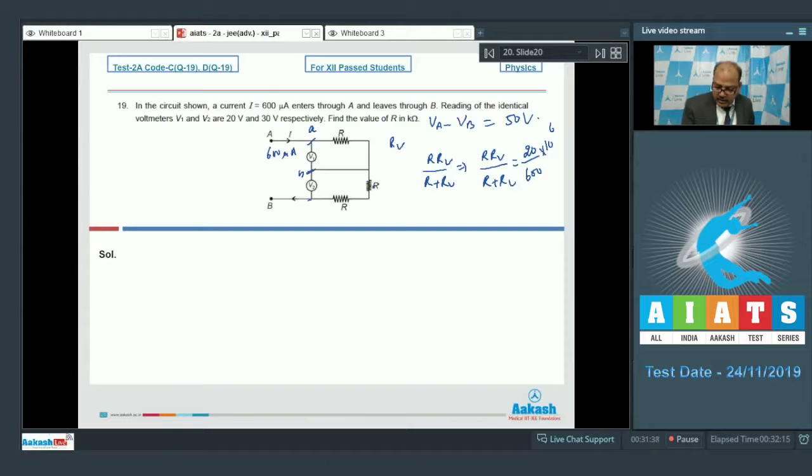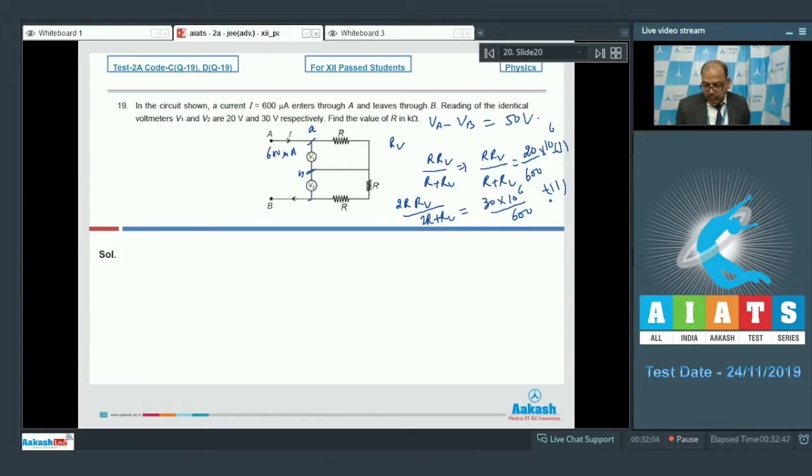here between these 2 points, these R and R are in series and this is RV in parallel. So we will have 2R into RV divided by 2R plus RV is equal to 30 into 10 to the power 6 by 600 by the same concept. And let's call it equation 1, let's call it equation 2.